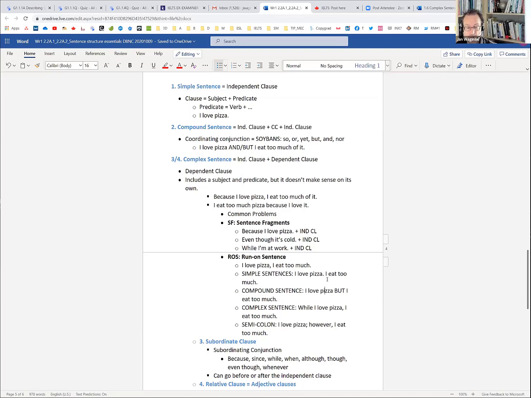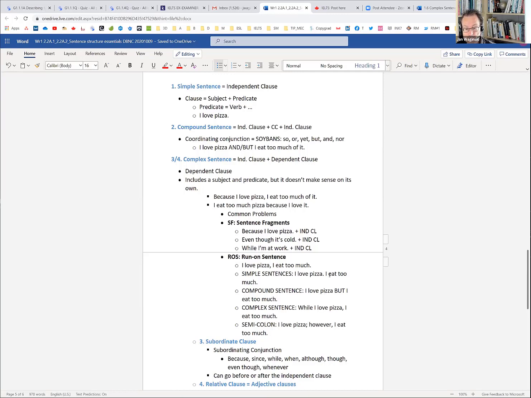Your ears can help you catch these issues. Grammar is largely auditory. When you're reading your work out loud, if you find yourself pausing naturally, you probably need punctuation. Short pause, you probably need a comma. Long pause, there's a good chance you need a period.